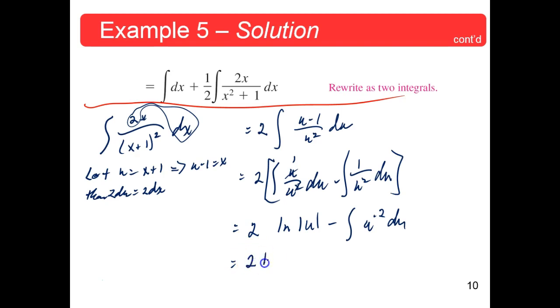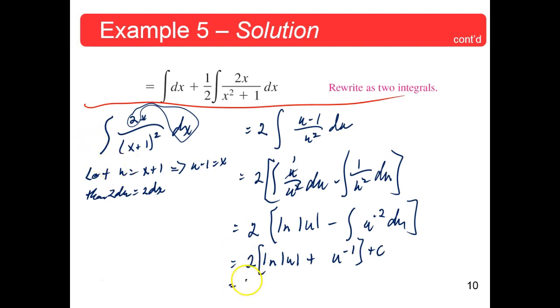This would be, remember the 2 in front of all that, 2 times the log of absolute value u, minus u to the negative 1 over negative 1, which will change that to a plus, and then plus c. Well, we have something else to do. Let's get back to our x's.